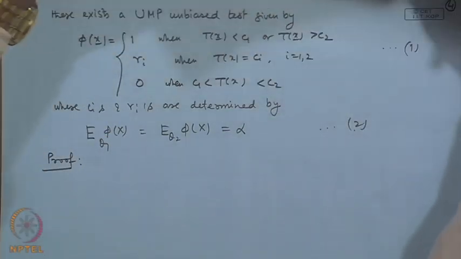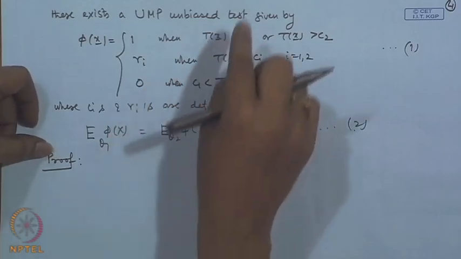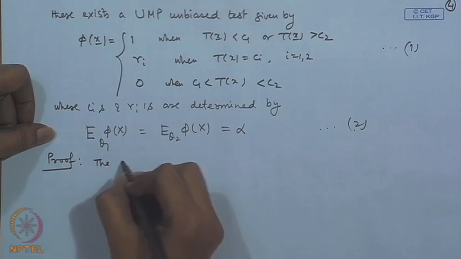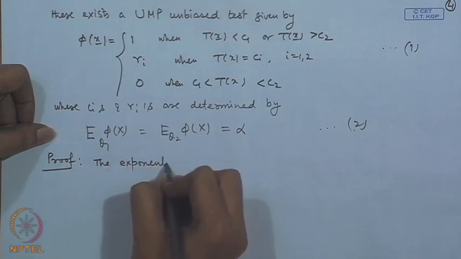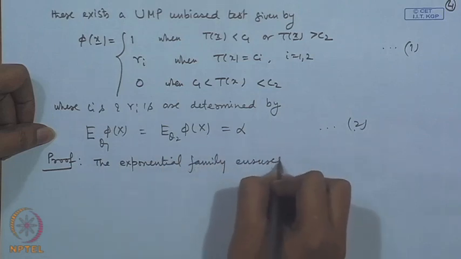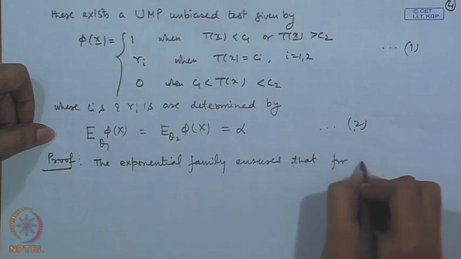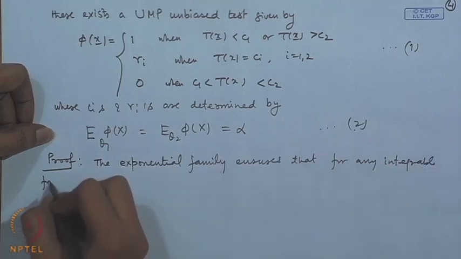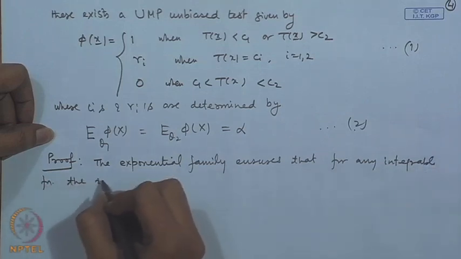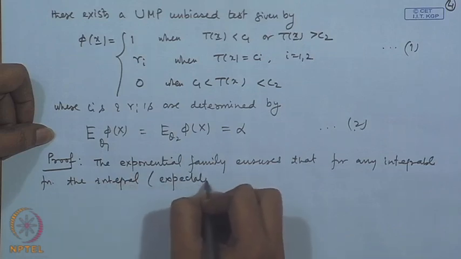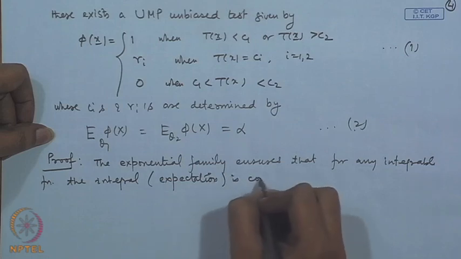Now, in order to have that, what we can do is use the condition that we are having the exponential family here. The exponential family ensures that for any integrable function, the integral or expectation is continuous.